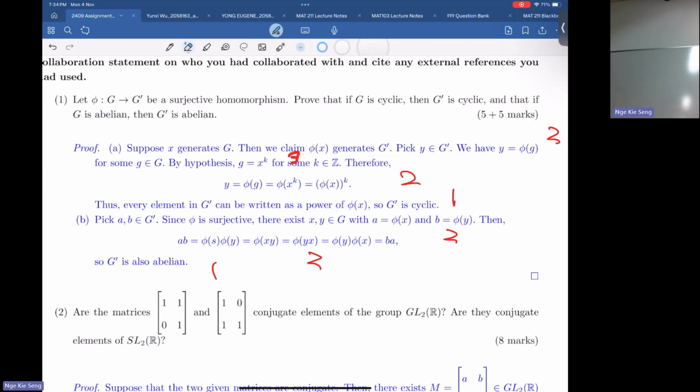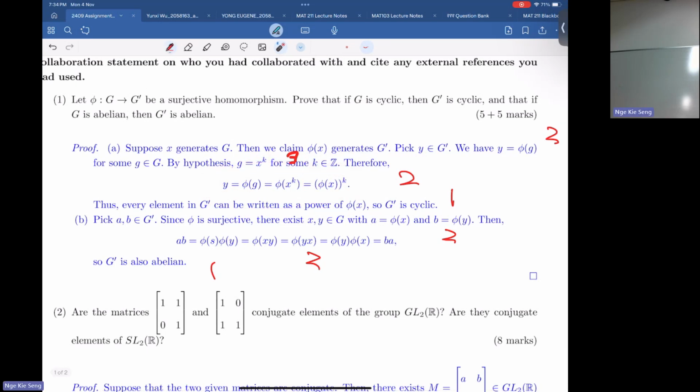Then what can you do? If I use the property of homomorphism, we get y equals φ(x) to the power k. But what's the mistake, do you think?